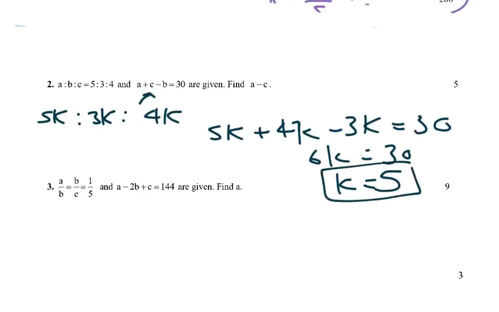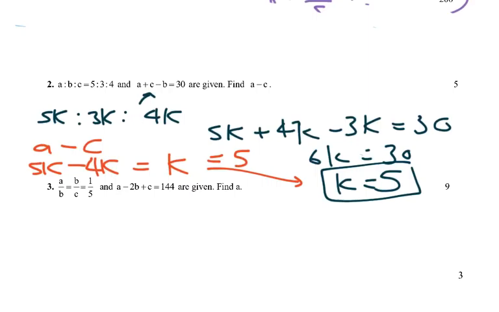And the question is find a minus c. Well, a minus c would be 5k minus 4k, which is going to be equal to k, which we know is equal to 5.